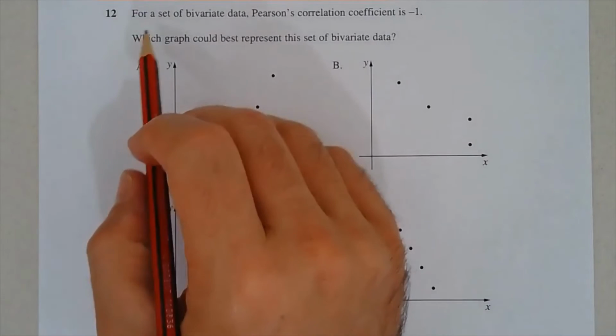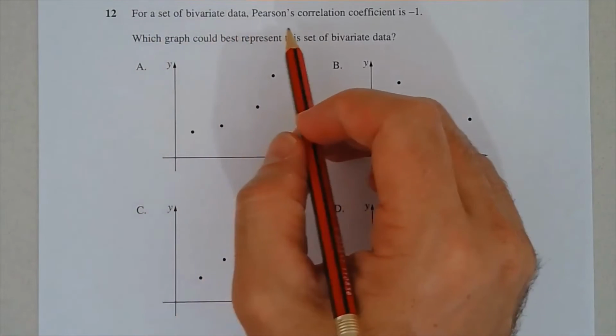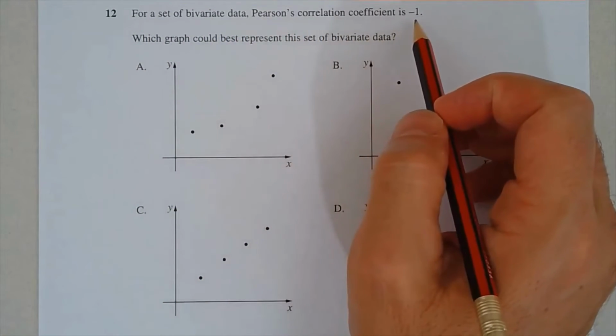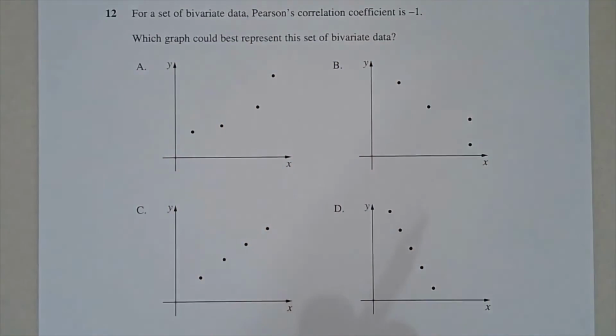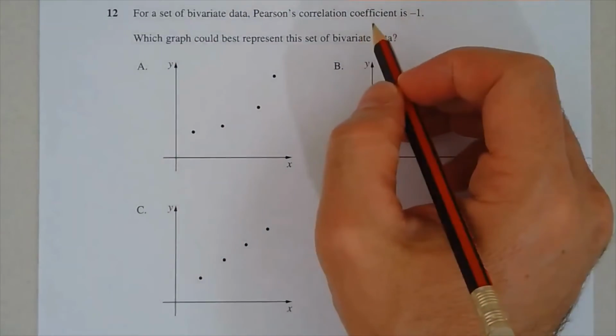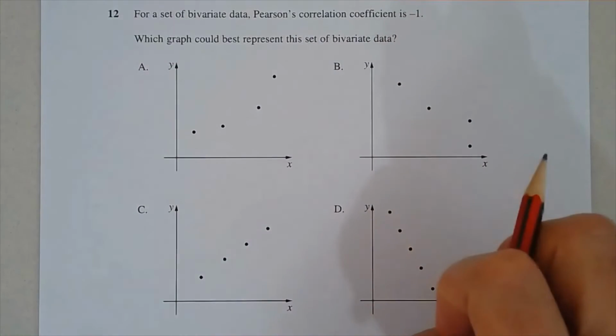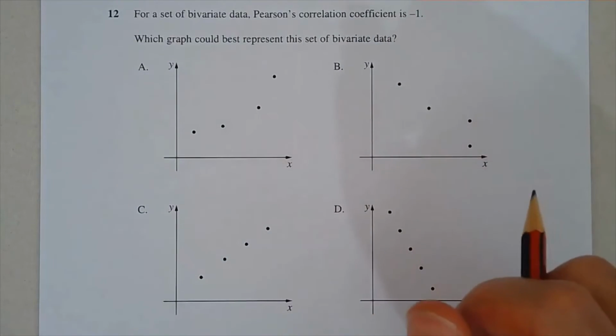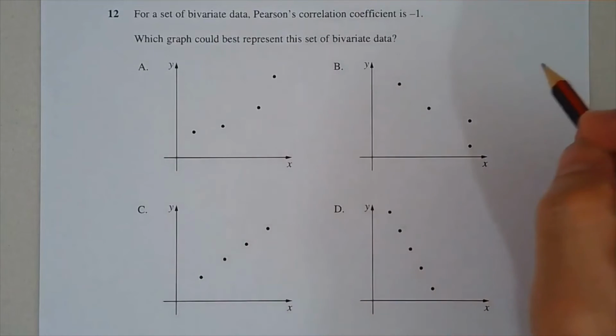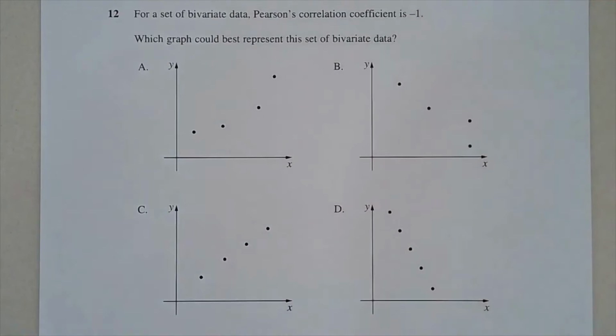Question 12. For a set of bivariate data, Pearson's correlation coefficient is -1. Which graph could best represent this set of bivariate data? It helps to know some of your correlation coefficients. A correlation coefficient of 0 means no correlation whatsoever, and it looks like a cloud of dots. But when there's a pattern, if it's an upward trend, it's a positive number for the correlation coefficient.